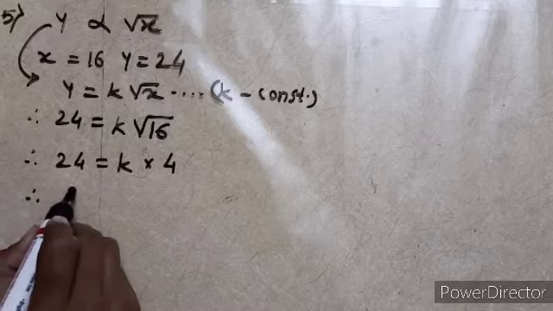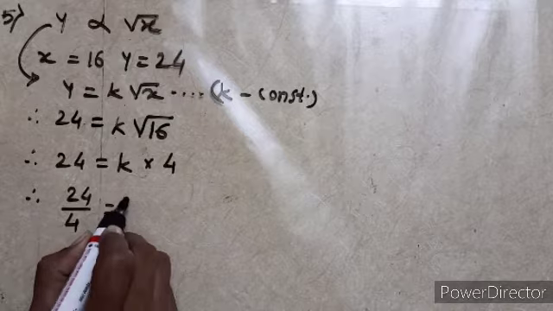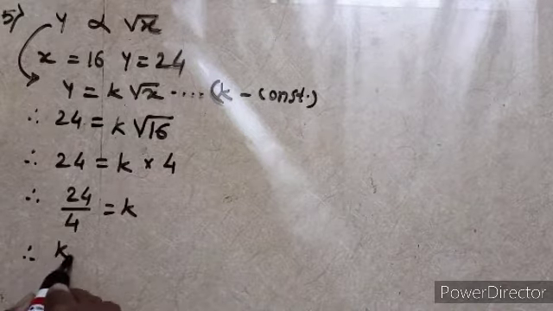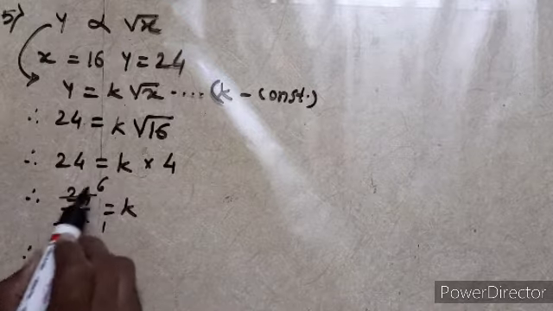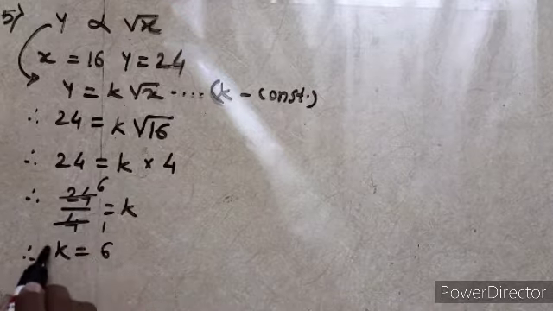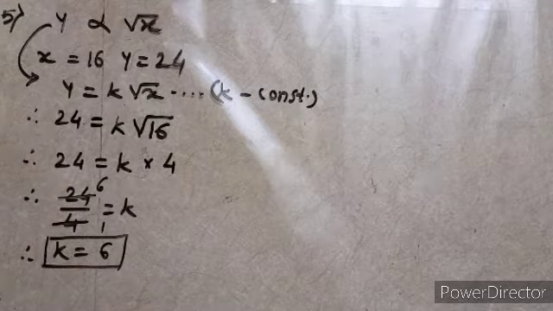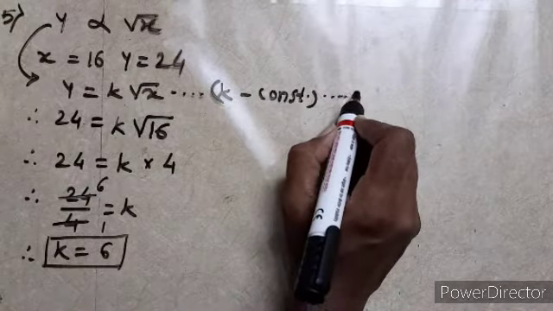Therefore 24 divided by 4 is equal to k, and therefore k is equal to 6: 4 1s are 4, 4 6s are 24. K is equal to 6 is the equation constant. Put this value in equation 1.